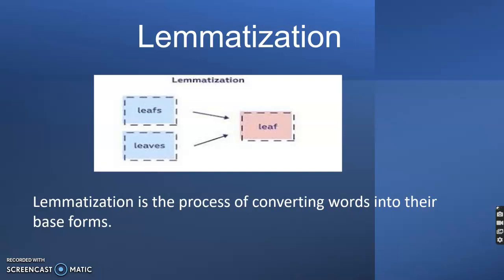So whatever you see as leaves will be transformed to leaf, the base form. This helps to map multiple words into a common root word. This way the words are treated similarly, and the model will learn that they can be used in similar contexts.